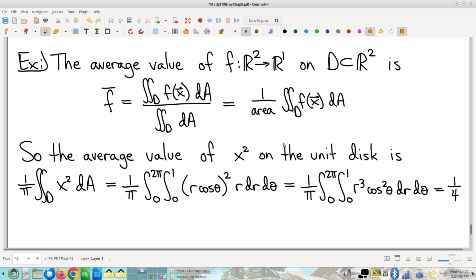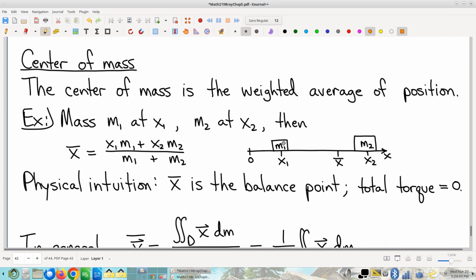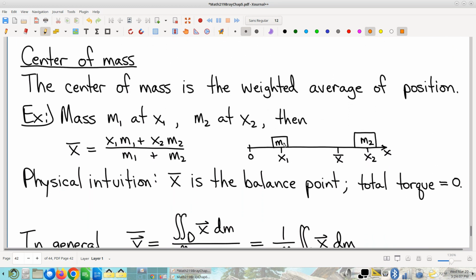Okay, moving along. So why all this business about weighted averages and average value of a function, etc.? Well, there's an important physics application called center of mass. Comes up in a lot of areas in physics. And this is not a physics class, so I'm not going to spend a lot of time talking about that kind of stuff.